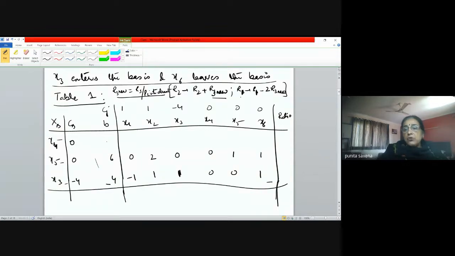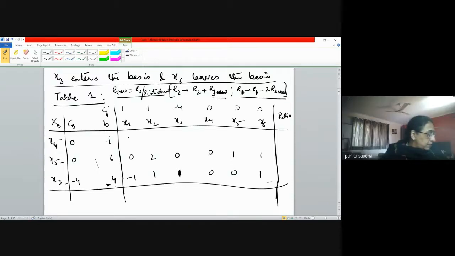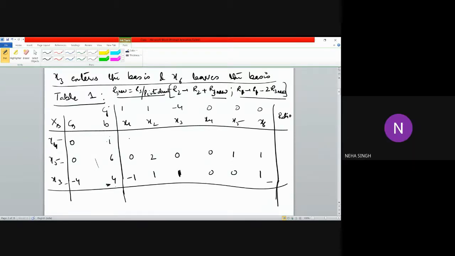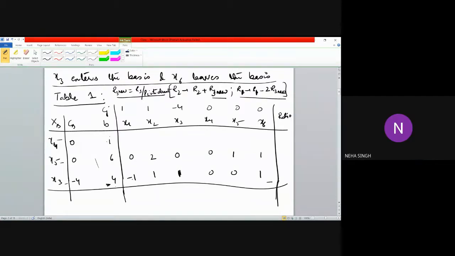And what about R1? Now R1 has to be R1 minus 2 R3 new. So basically the first element is going to be 9 minus 8, which is 1. Is that okay? Yes, ma'am. Now what will this first element be? There it was 1, so 1 minus twice of minus 1, minus of minus 2, that is 3.